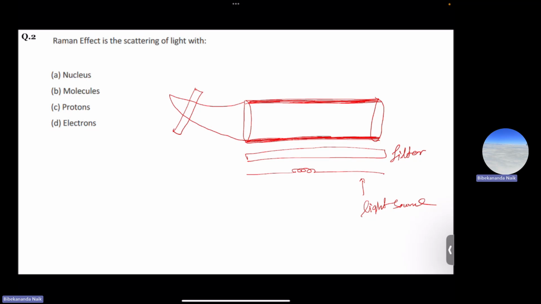And in order to have minimum loss, there are reflective mirrors at the two sides of the tube, and these are coated with black body.